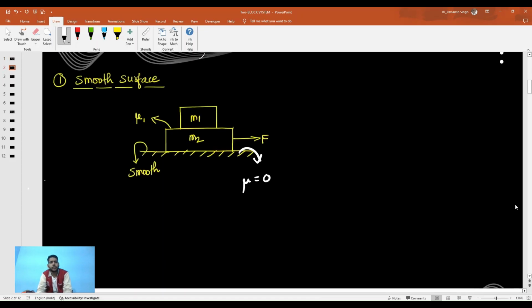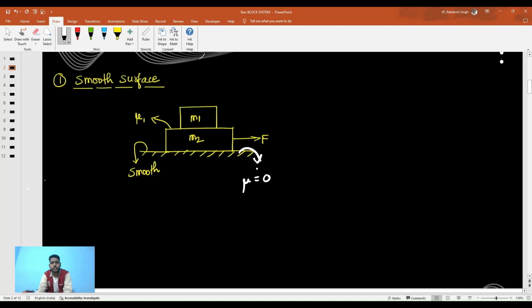So, starting with the very basic concept of the two block system. Here we consider a ground that is smooth and two blocks, one above another, having some friction, mu 1, between their surface, where the force is applied on the lower block.